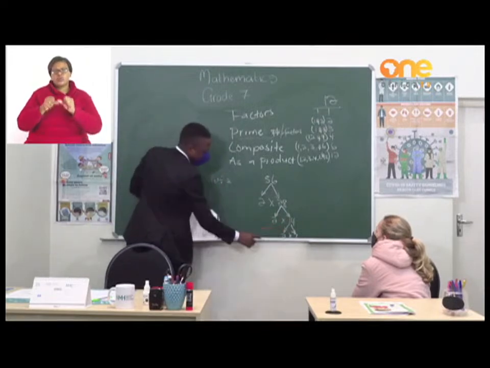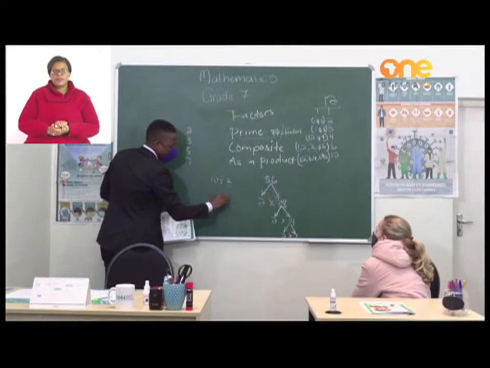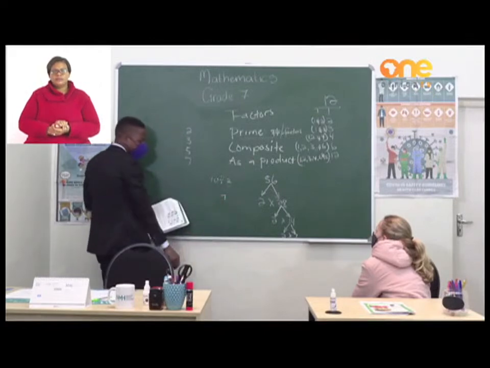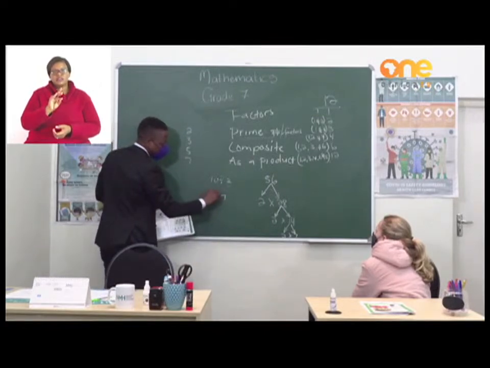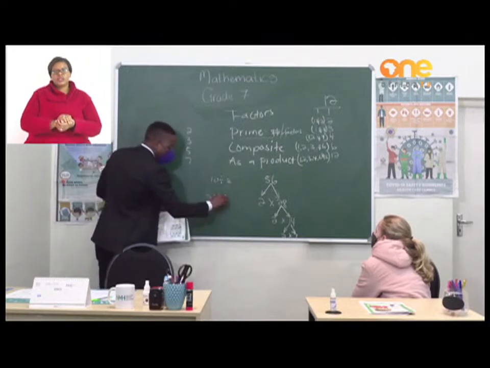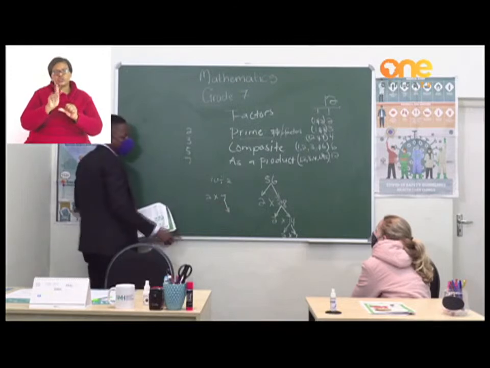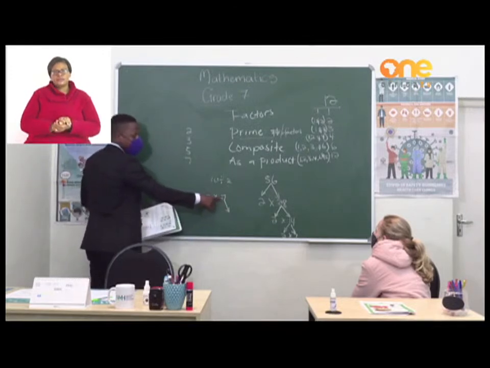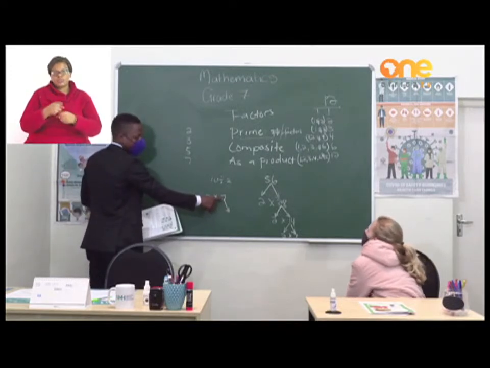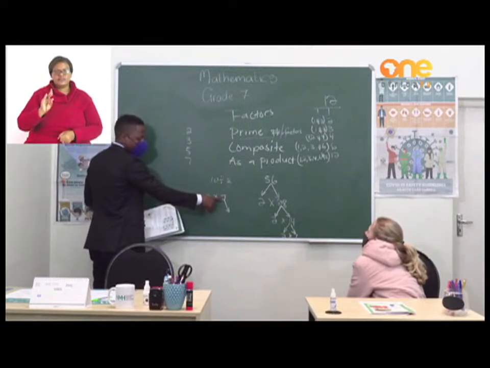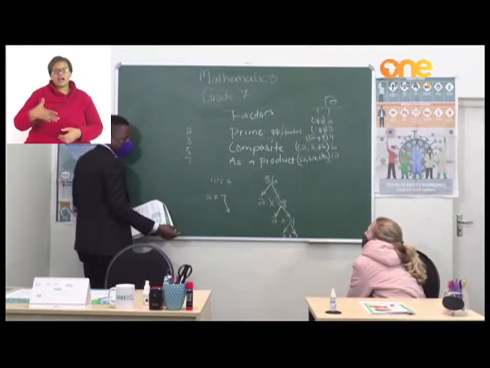I have to continue somewhere here due to space. That is a 7. I still have to continue. I cannot halve 7, because if I halve 7, I'll have a remainder.